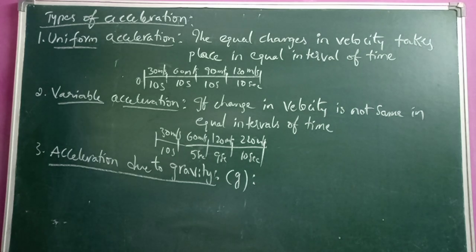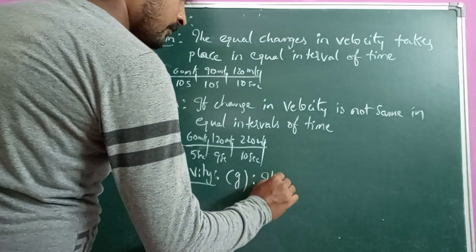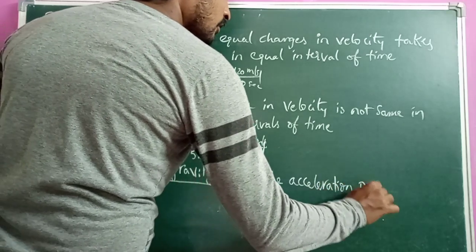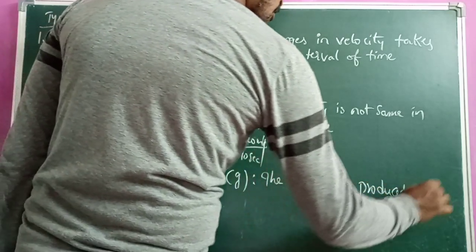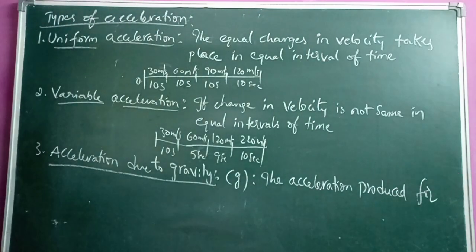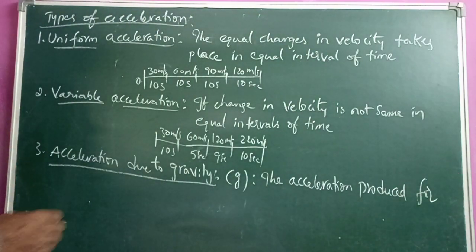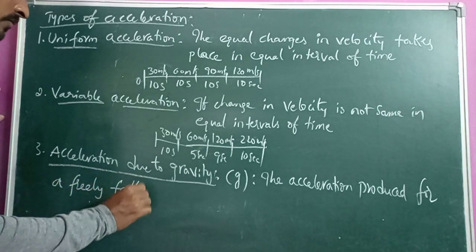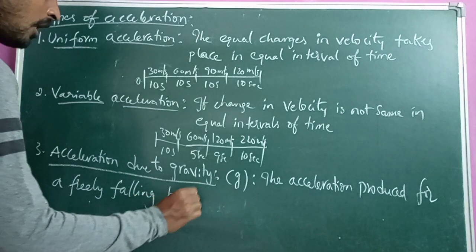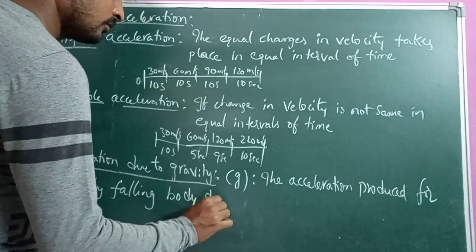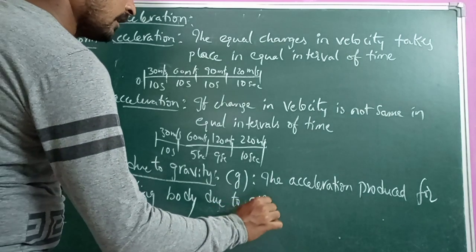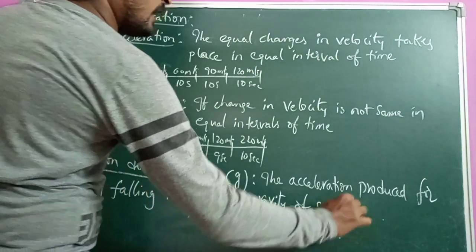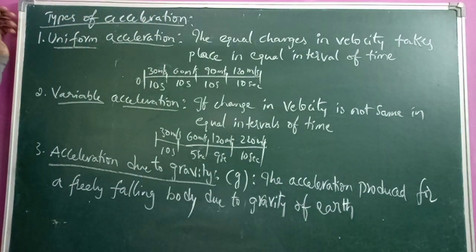This can be defined as the acceleration produced for a freely falling body due to gravity of Earth. That is known as acceleration due to gravity.